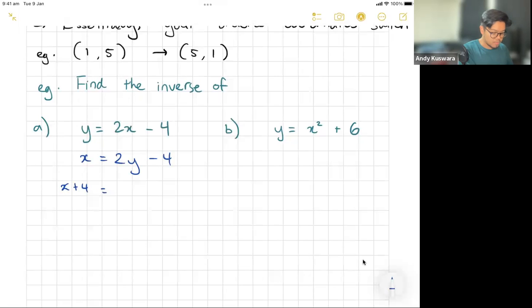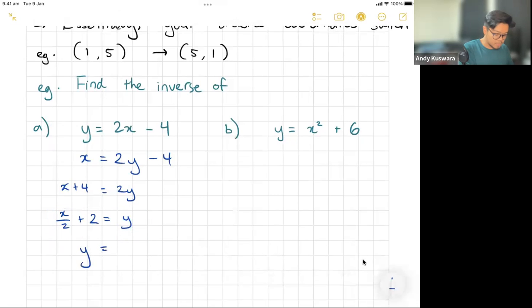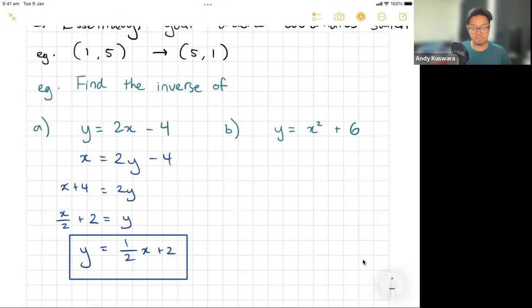So I got x plus 4 left with 2y. And then just to clean it up here, I'll have y equals x on 2 plus 4 divided by 2. In this case, it's just going to be 2. So that there, I mean, if you really want, you can rearrange to y equals half x plus 2. And that there would be your inverse of y equals 2x minus 4.